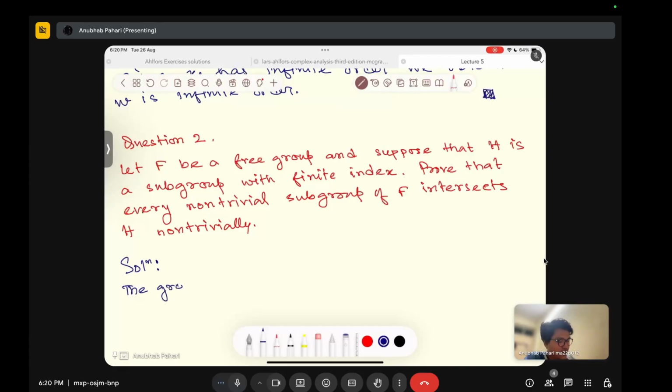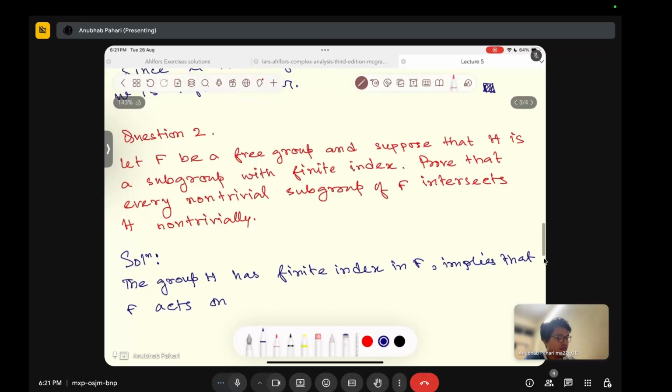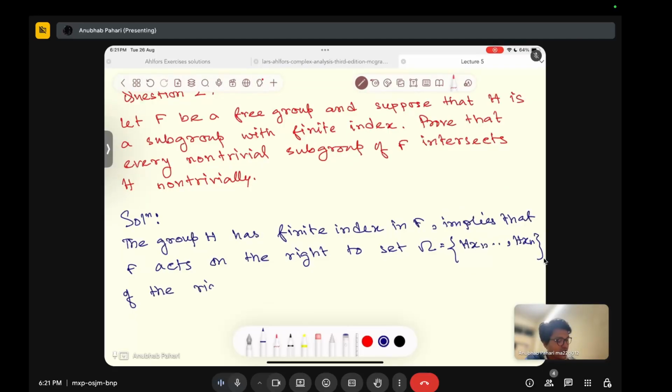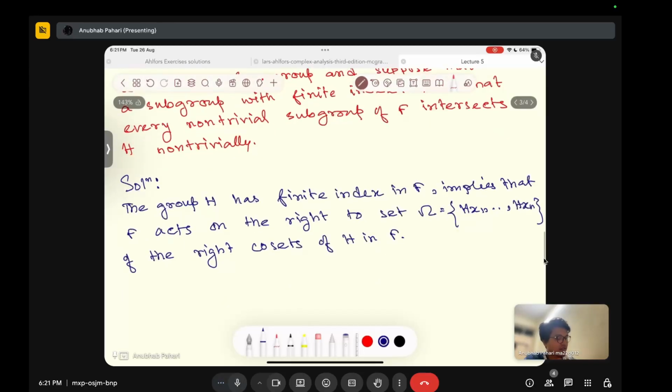So the group H has finite index in F. This implies that F acts on the right, I mean, this is a right action, on the set omega, Hx1 to Hxn, of the right cosets of H in F. I mean, this means that F acts on F by H.